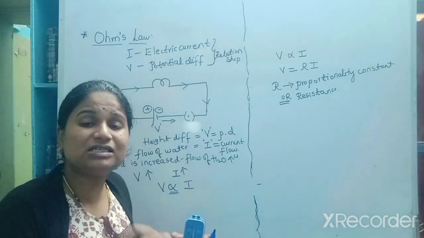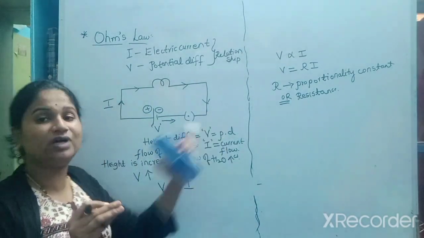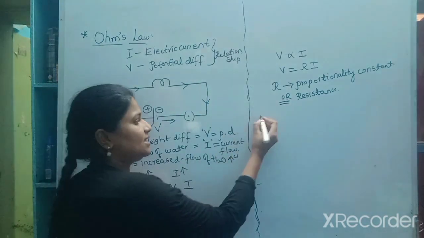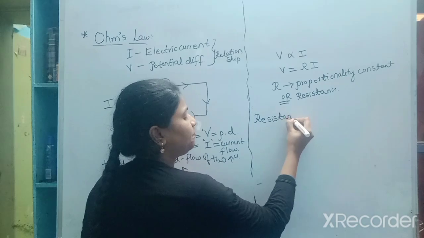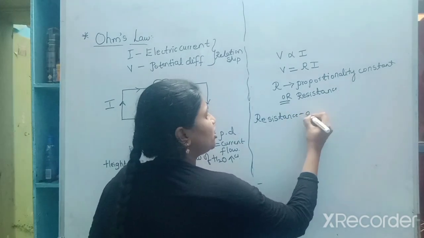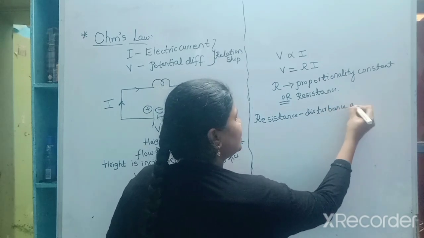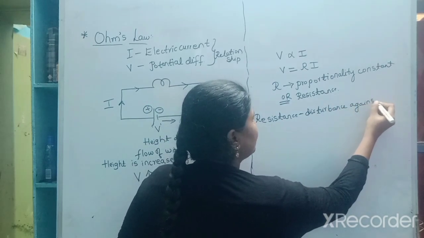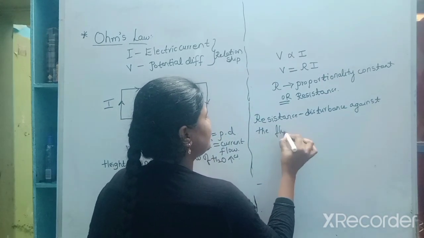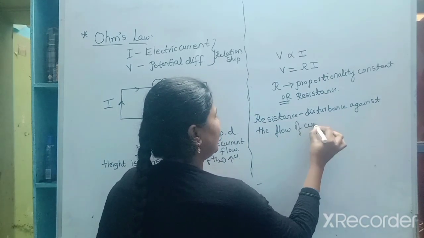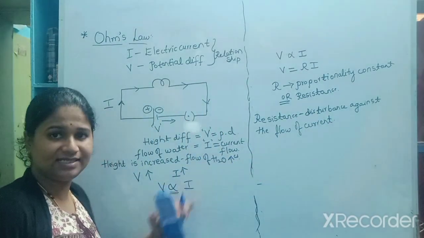That obstruction inside the circuit is called resistance. So resistance is the obstruction or disturbance against the flow of current.